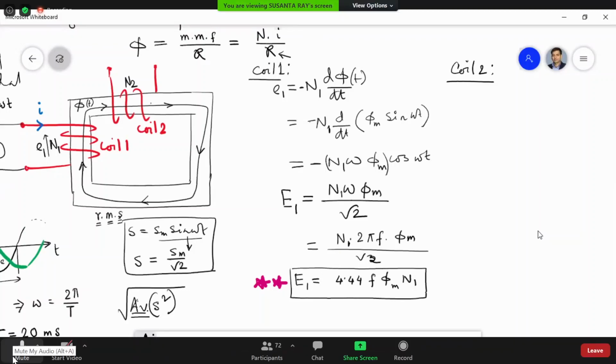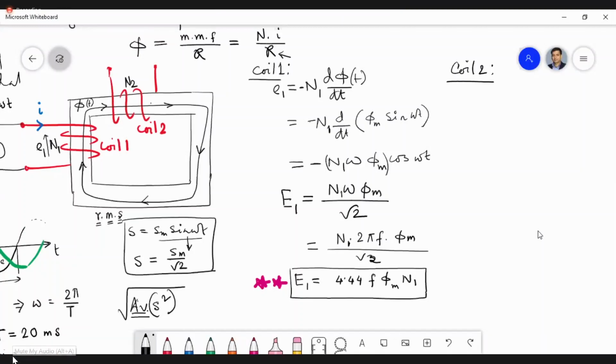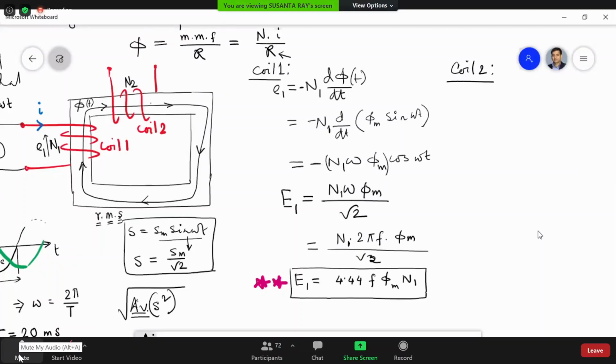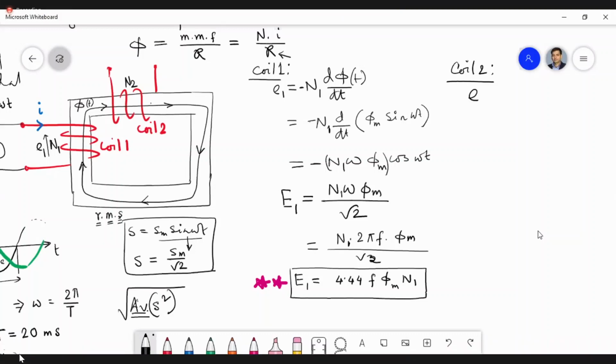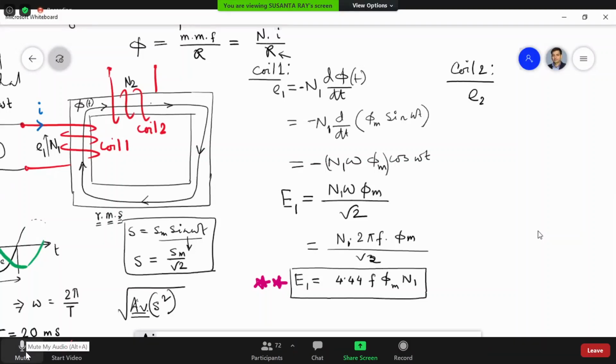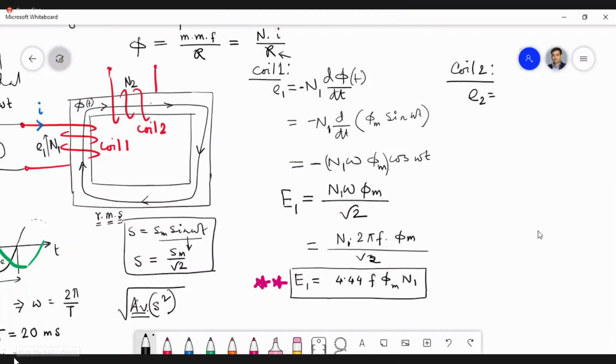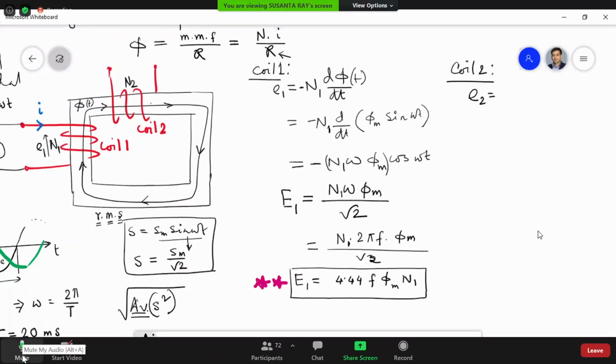Coil 2 is just open circuited. Now, I want to know whether any voltage will be induced in coil 2. Yes, due to the mutual inductance. Flux is varying sinusoidally, or not? Yes, it will vary.